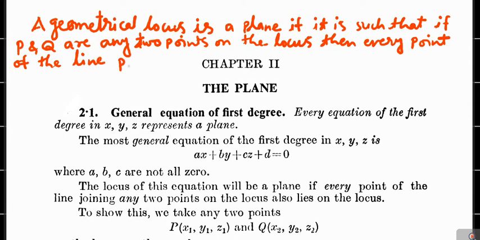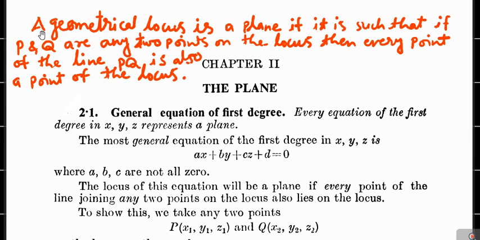Line PQ means the line joining points P and Q. So like this, a plane is defined.